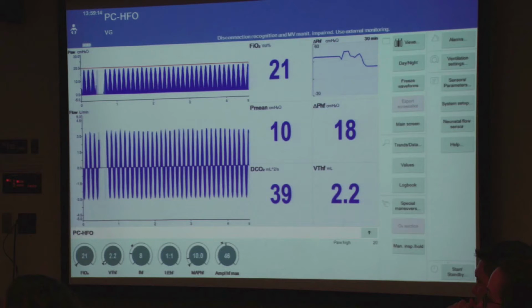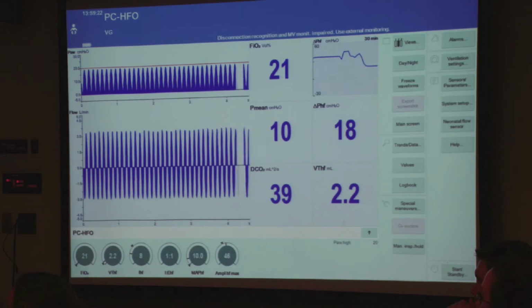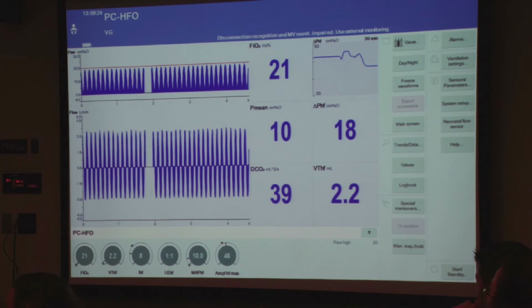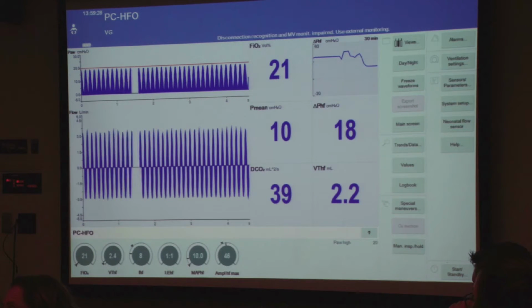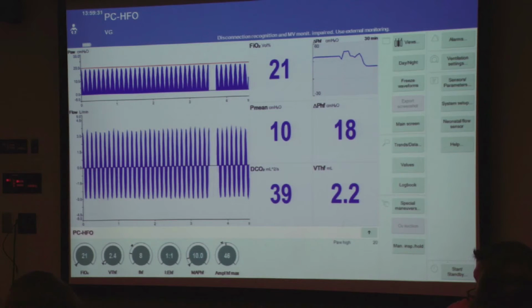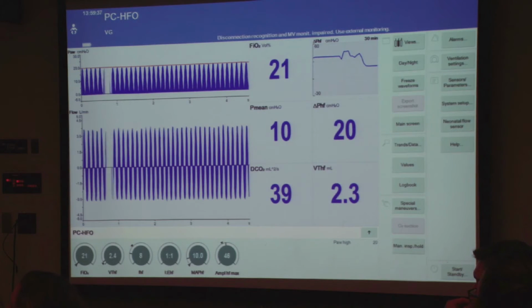Now you can dial VTHF. Instead of 2.2, I can have a 10% increment and go to 2.5, for example. And then we will have an increase, and that should have an impact on CO2.